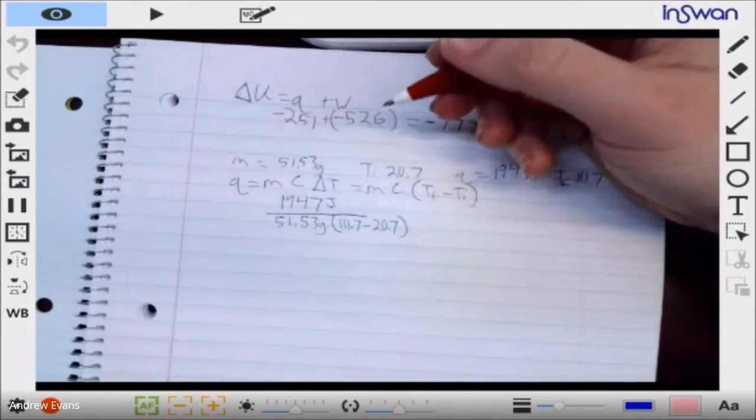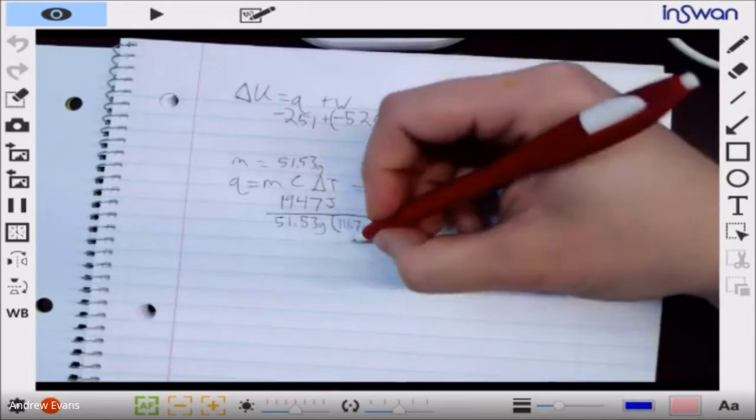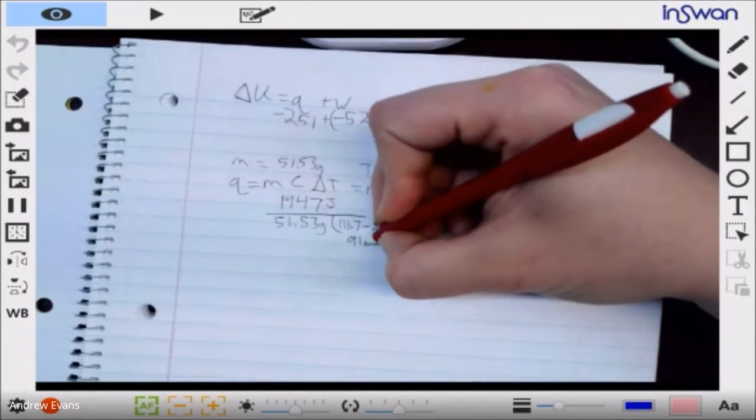Do that math real quick. That's what, 91?